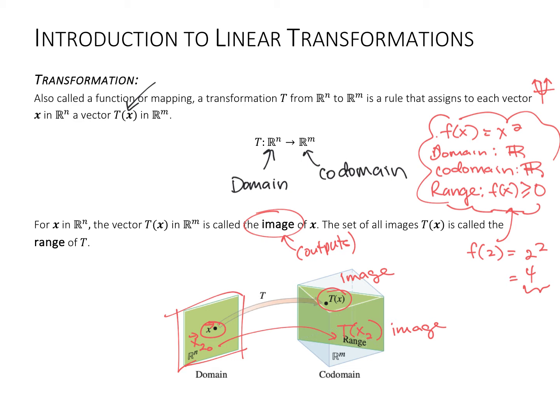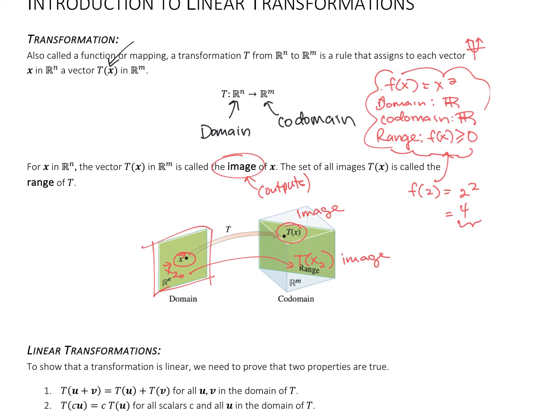So if we're thinking about this, you ready? If you understand what sets mean, a collection of things, the range is a subset of the codomain, so it contains elements of the codomain.